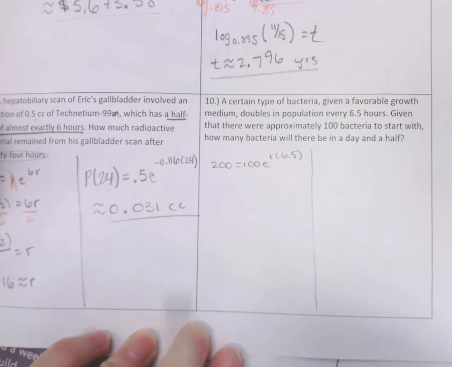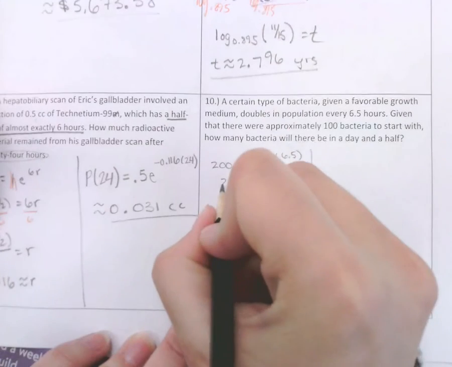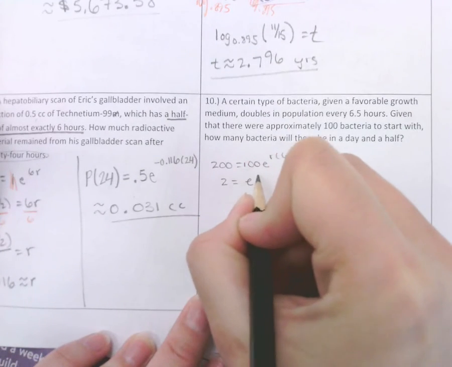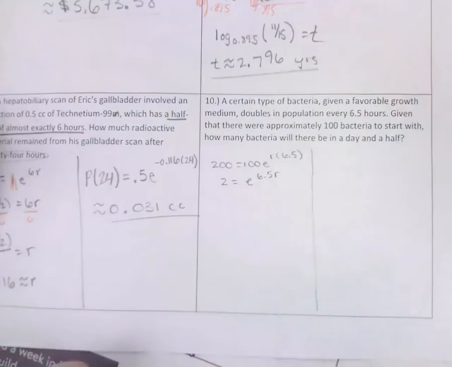Your first step is going to be to divide by 100. Sam, like you mentioned, you could just use 1 and 2. You don't really need the 100 at all to find the rate, because it's really just a ratio.